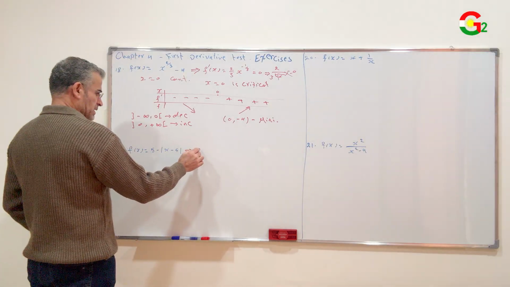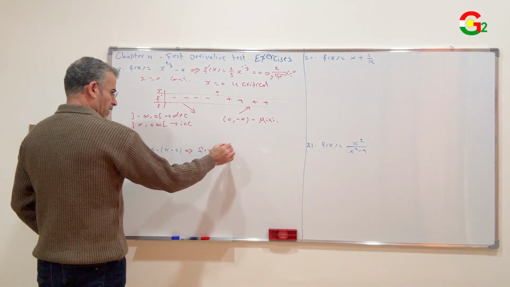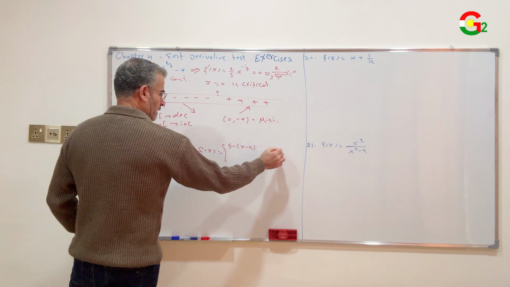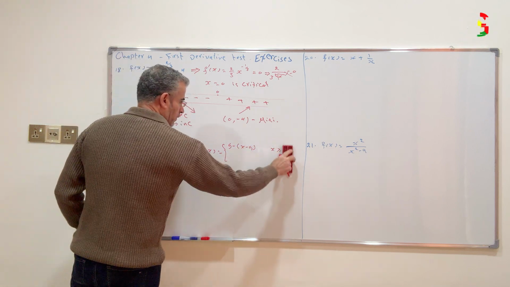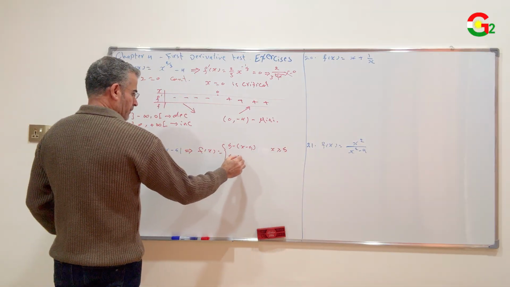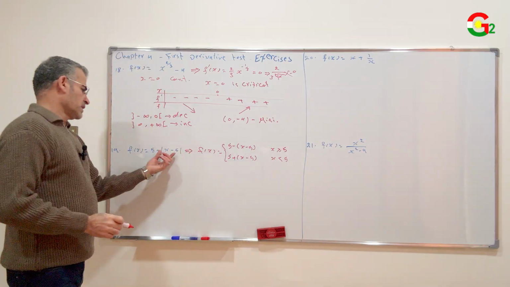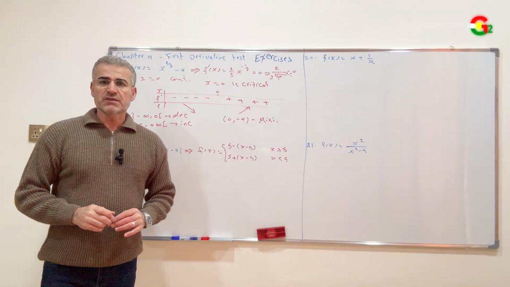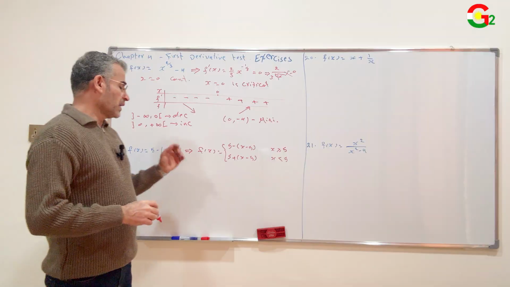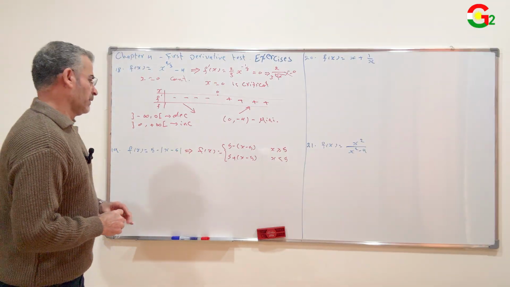Redefine this function as f of x equals a piecewise function: 5 minus x minus 5 when x is greater than or equal to 5, plus x minus 5 when x is less than 5. Since the absolute value of x minus 5 is x minus 5 when x is greater than or equal to 5, and negative bracket x minus 5 when x is less than 5.